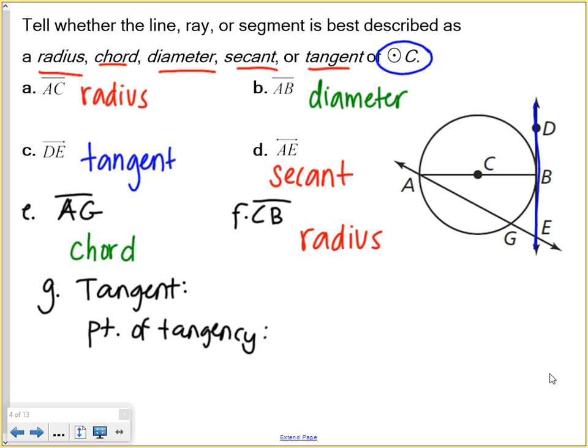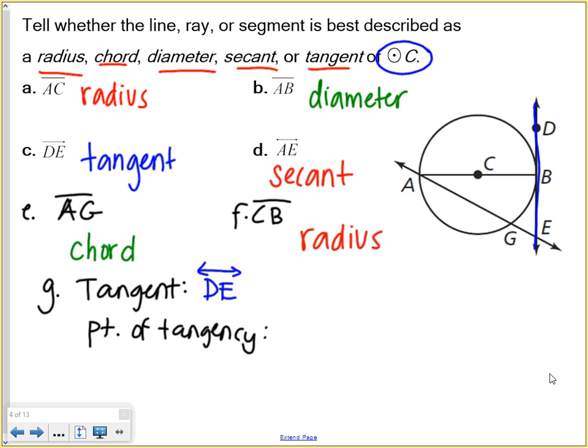So I could call it line DB, I could call it line DE, segment BE, ray BE. There's lots of different options. So I'm going to call it line DE, but that is not the only name for it. So on your homework tonight and tomorrow, when you name a tangent, you might not be wrong just because your answer doesn't look like the person next to you.